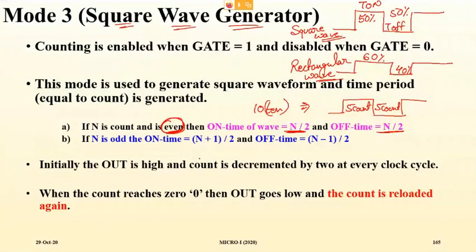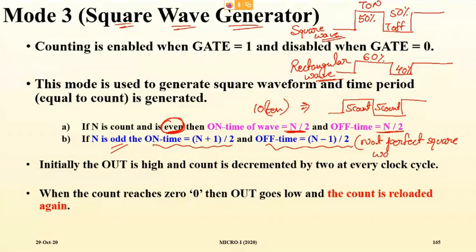But now if you are loading the count with an odd number, the on time will be (N plus 1) by 2 and the off time will be (N minus 1) by 2. So in this particular case, it is not a perfect square wave.